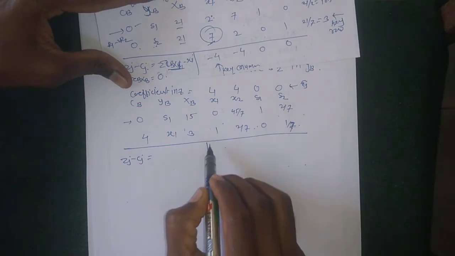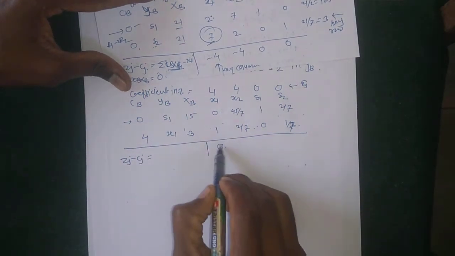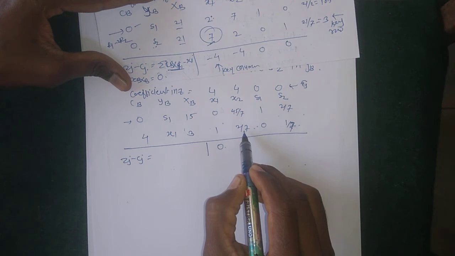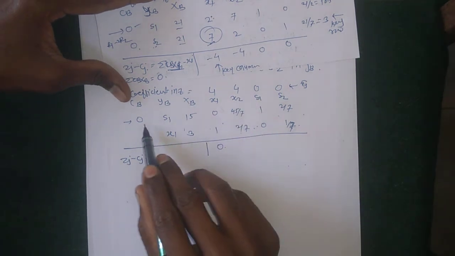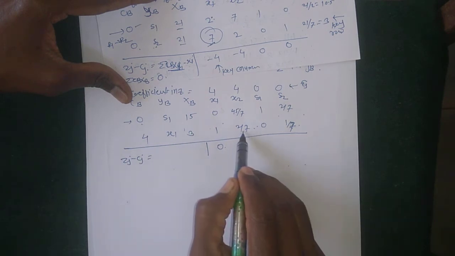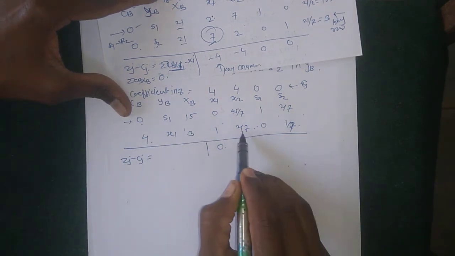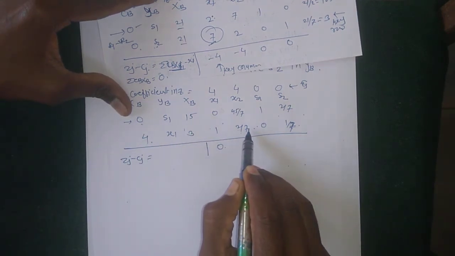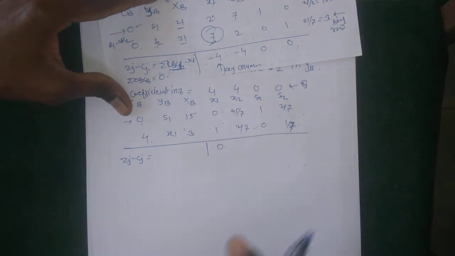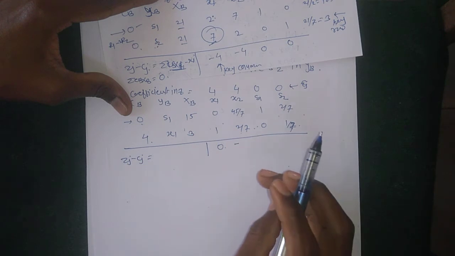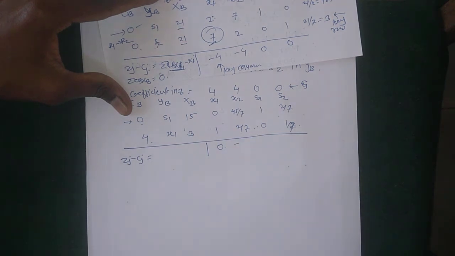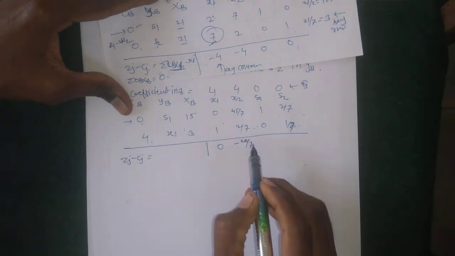Okay, so here 4 minus 4, 0. Then 8 by 7 minus 4: this is 0 plus 8 by 7, 4 into 2 by 7 is 8 by 7. 8 by 7 minus 4, 28 means minus 20 by 7.